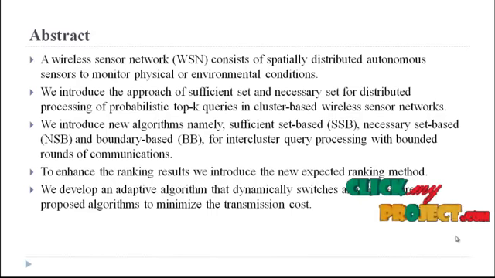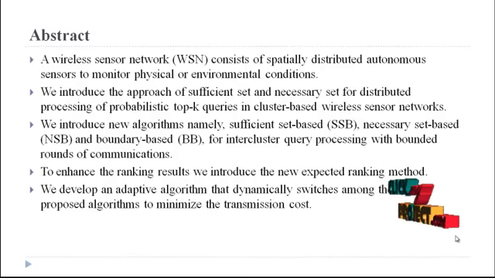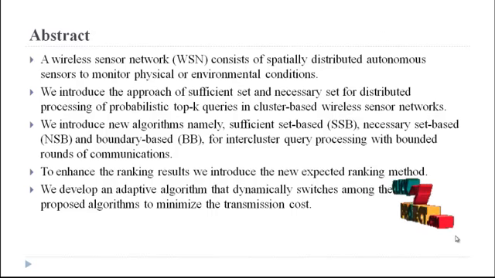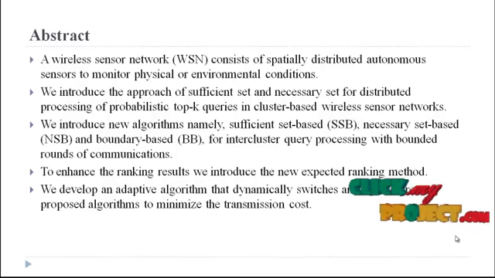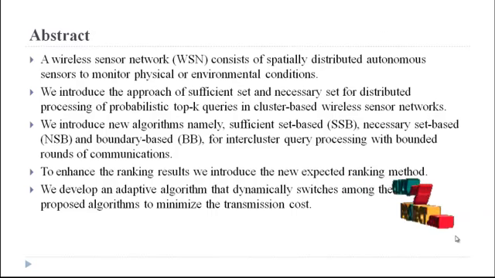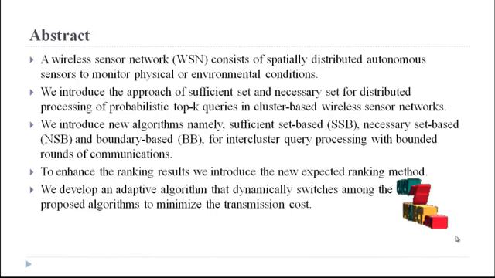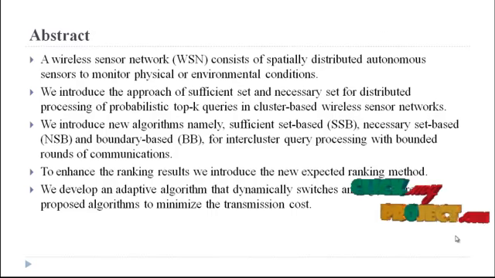There are two clustering-based information provided, intra-cluster and inter-cluster. In which clustering we have to find the three methods, that is sufficient set, necessary set and boundary based, which is used for ranking-based top-k queries in wireless sensor network.